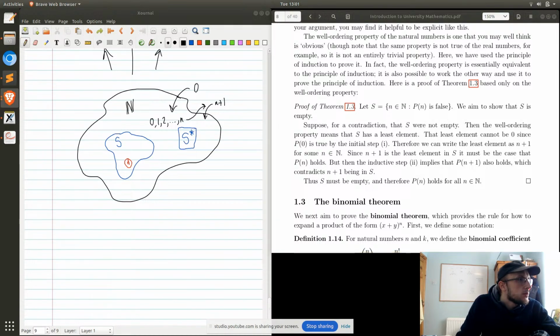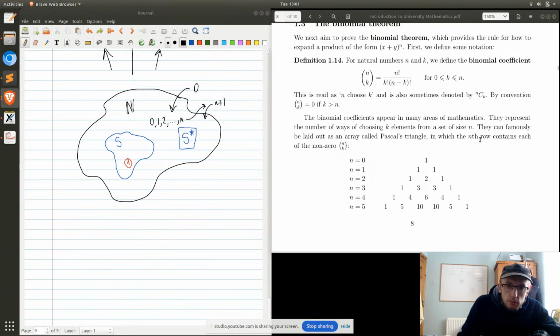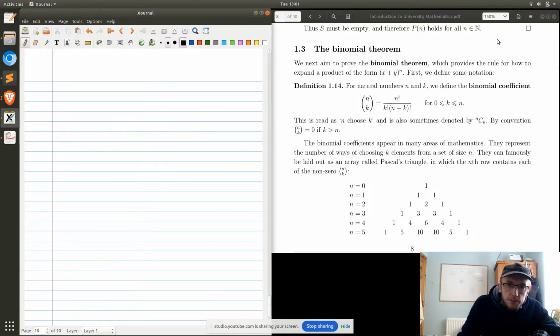Next I'm going to look at the binomial theorem. It's a very famous theorem, isn't it? Something which you can take for granted, memorize, and apply without knowing why it's true.